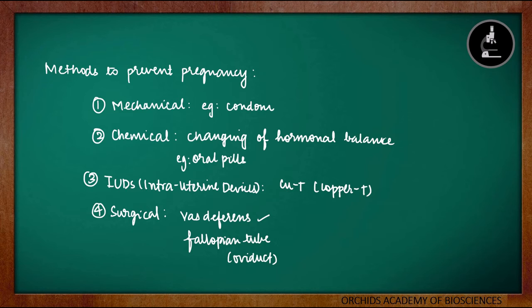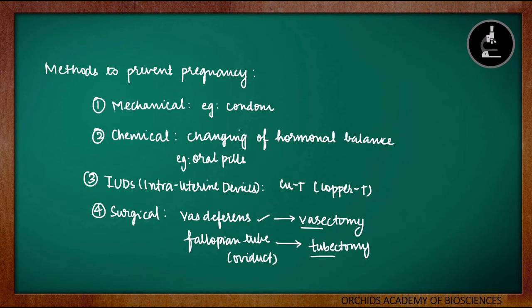Cutting and ligating the vas deferens is called vasectomy. And the process of cutting and ligating the fallopian tube is called tubectomy. Here in vasectomy, vas refers to vas deferens, and in tubectomy, tube refers to the fallopian tube.